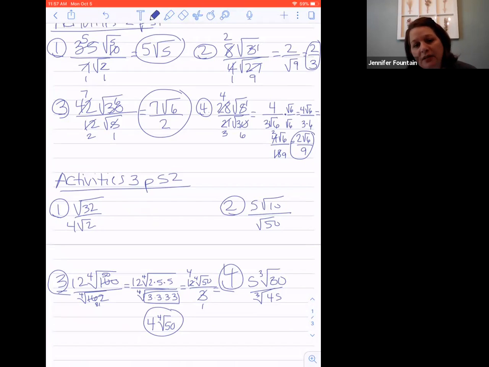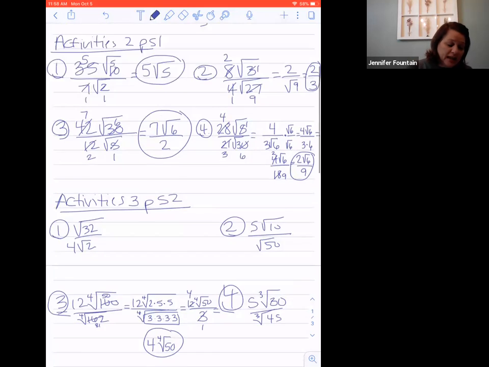Now notice on activities 4, it says to solve for extraneous or identify extraneous roots where appropriate. Don't worry about that. You don't have to go through that process, okay? So on activities 4, if you want to mark out where it says identify extraneous roots, you can mark that out. Now, if you want to do it, okay? But you don't have to.